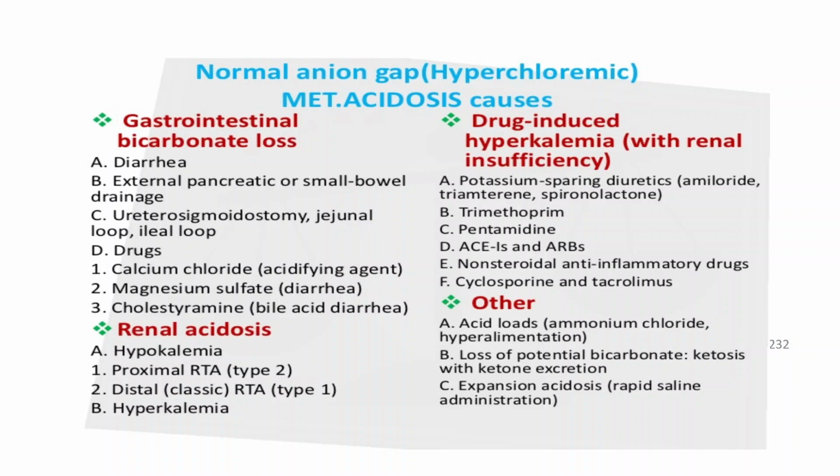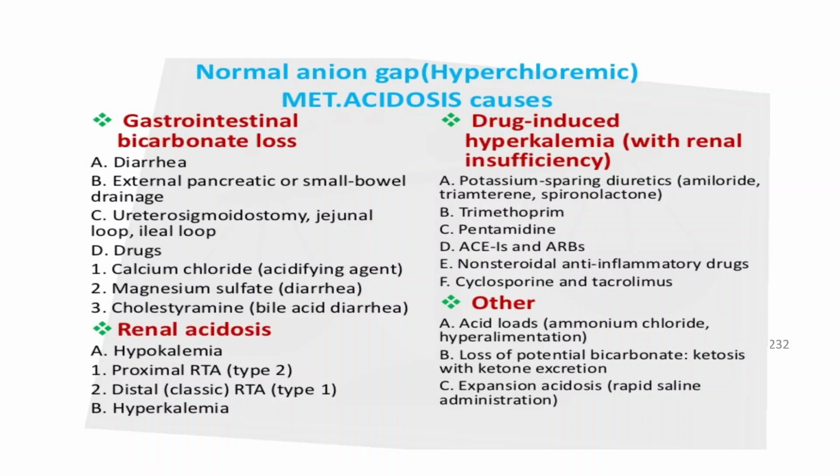Anti-inflammatory drugs also can result in it. Other than that, there could be rare situations like ammonium chloride overdose or hyperalimentation, or loss of potassium bicarbonate, as in case of correction of ketosis, which can result in this acidosis.